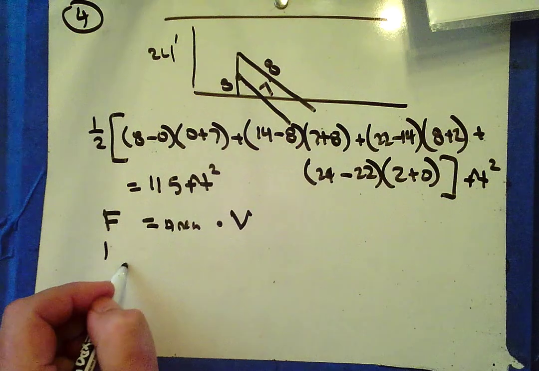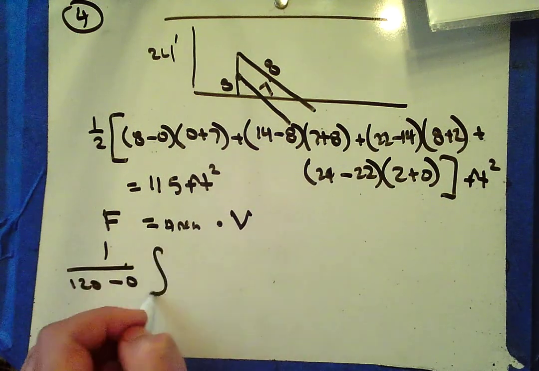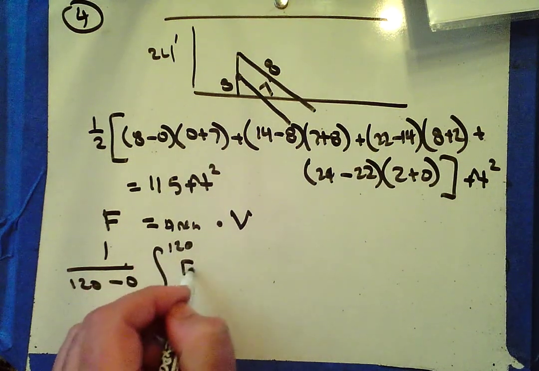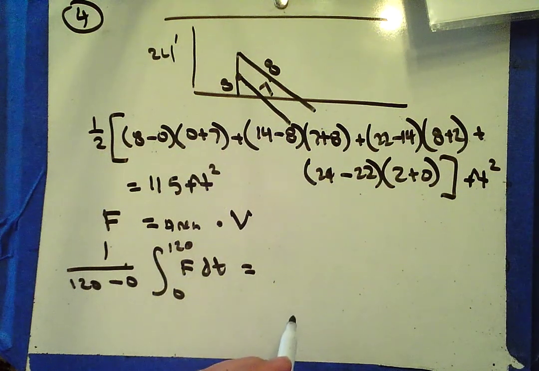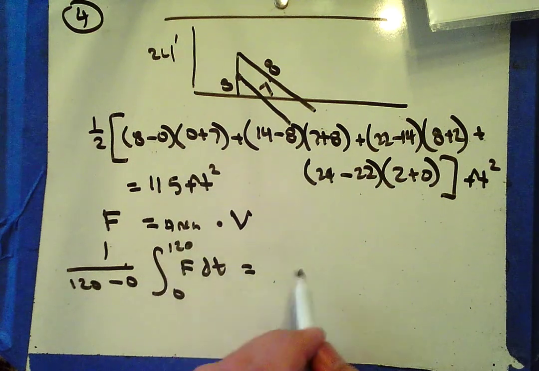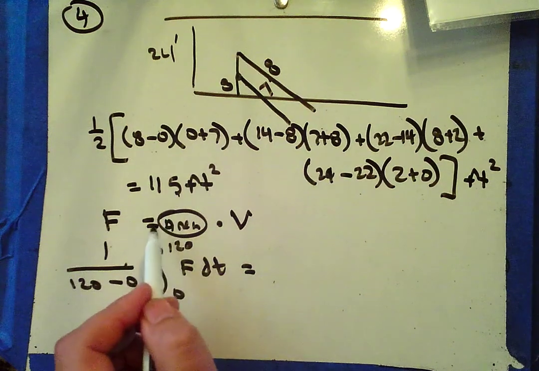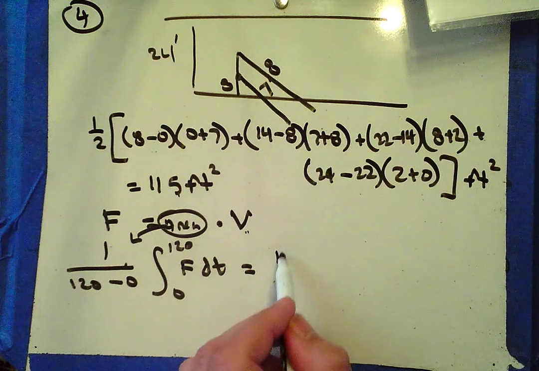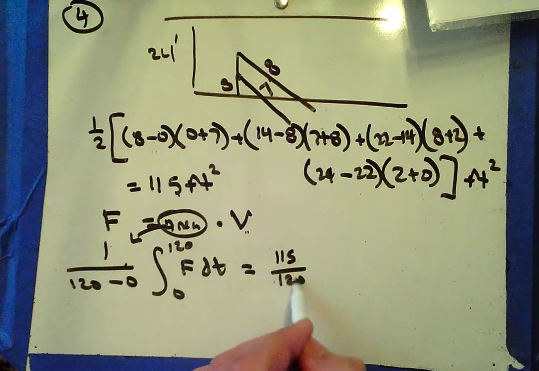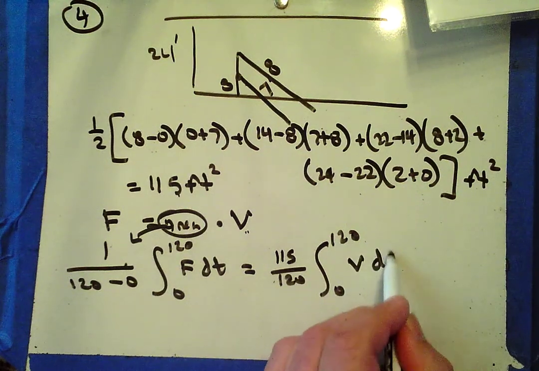Okay, so I want the average value of this. Average value on 0 to 120 would be this integral 0 to 120 of f dt. Okay, so what we're going to do is the same thing, but we're going to first realize that this is our constant 115, and we'll pull that constant out, and we're going to integrate v. So 115 over 120 integral 0 to 120 of v dt.